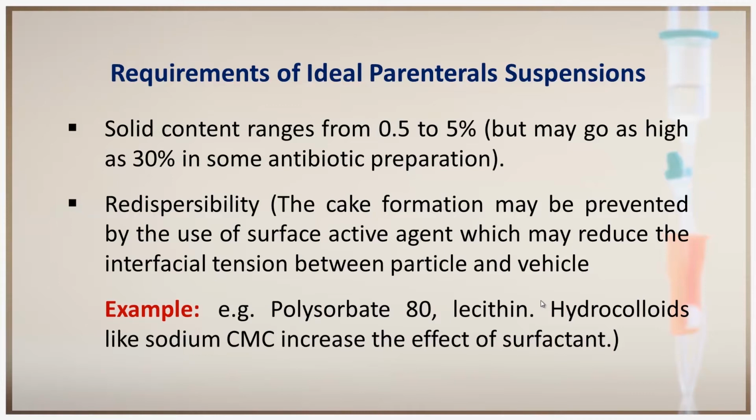Redispersibility is also an important characteristic of suspension; we should avoid the formation of cake, and it can be prevented by the use of surface active agents. They reduce the interfacial tension between the particle and vehicle, for example polysorbate 80, lecithin and hydrocolloids like sodium CMC. So, these are surface active agents used in the preparation of suspension type of parenteral dosage form.